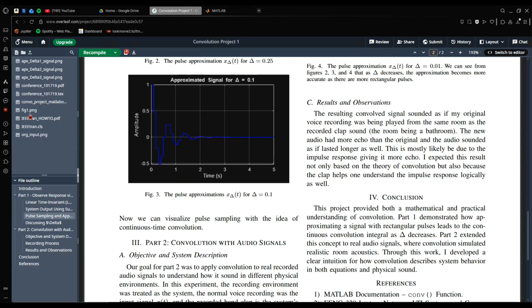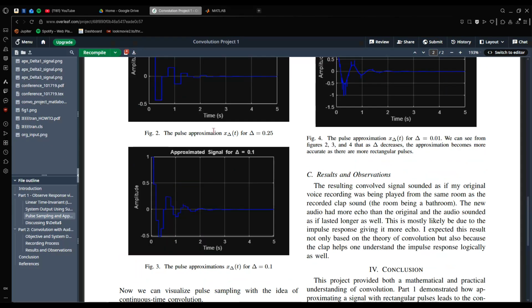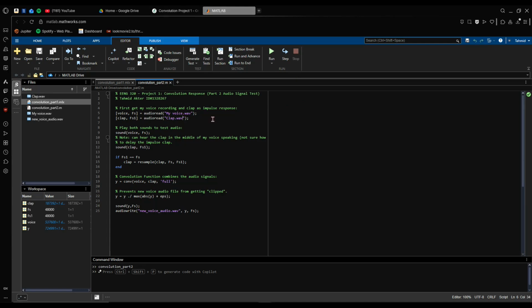Let's wrap up. The project really helped my understanding of the theory of convolution and how it works in the real world. I think actually hearing what I sounded like gave me a better understanding compared to part 1.